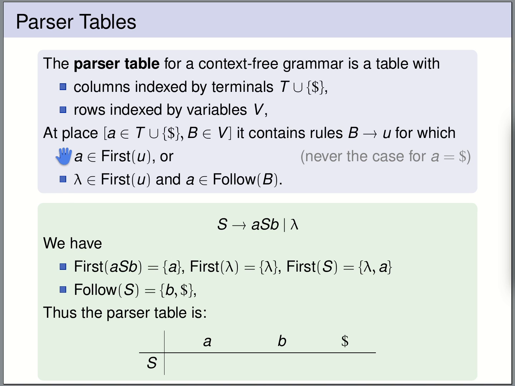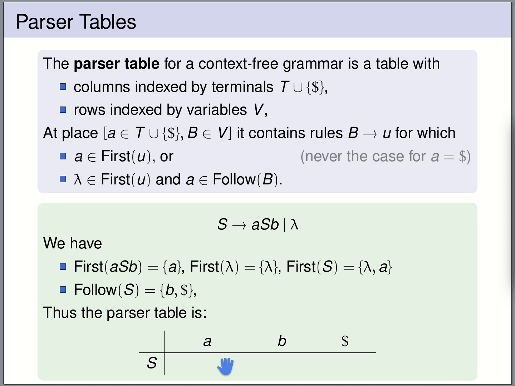Either the column index A is in the first of the right hand side of the rule U, so A is in first of U, U is the right hand side of the rule that we look at, or the right hand side of the rule is erasable, so lambda is in the first of U, and the column index A is in follow of the variable B that we look at.